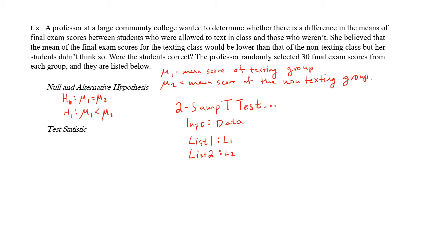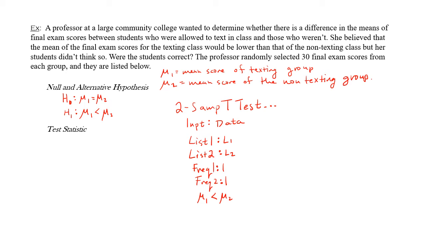For the frequency, we'll just use 1 for each. And then mu1 less than mu2 is the alternative hypothesis that we're using here. And then we're basically ready to hit calculate.